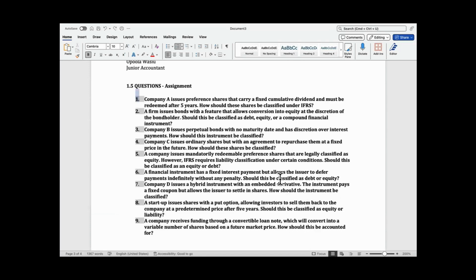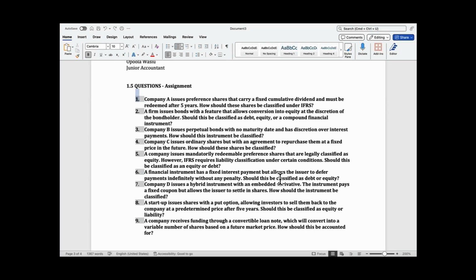He's still talking about for you understanding that when we have a contract, when we issue an instrument, is it a financial asset? Is it a financial liability? Or for you to even know whether the instrument we have issued is a financial liability or equity, that's the major thing.